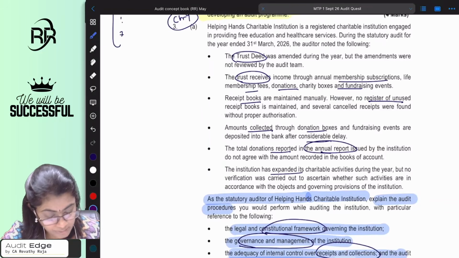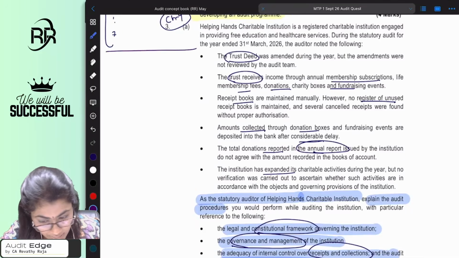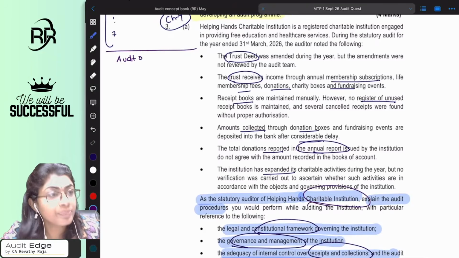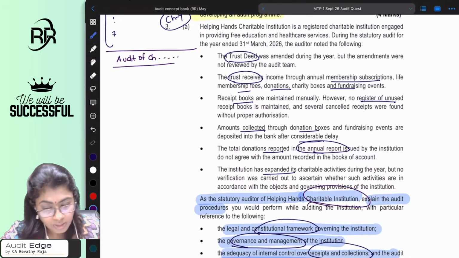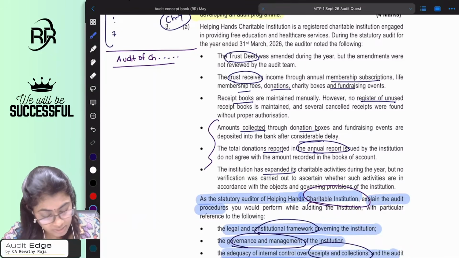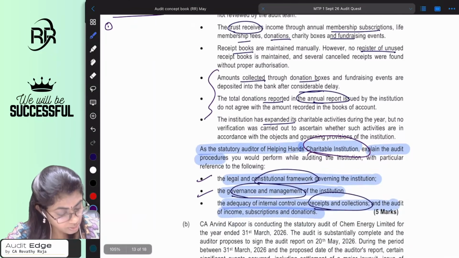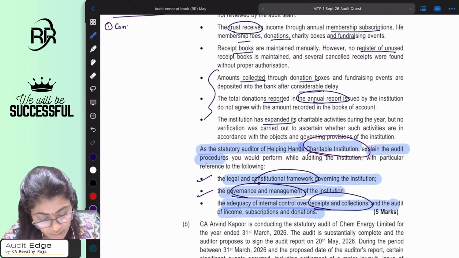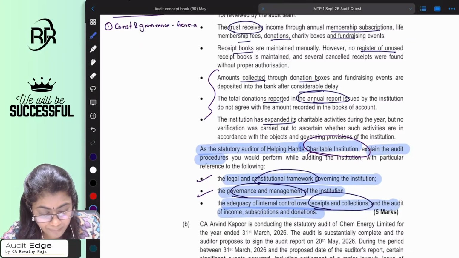Okay, let's start presenting. So put a heading, audit of charitable institution. In that, they have asked about these points, regarding the constitution and governance, meaning there are a lot of general points there.